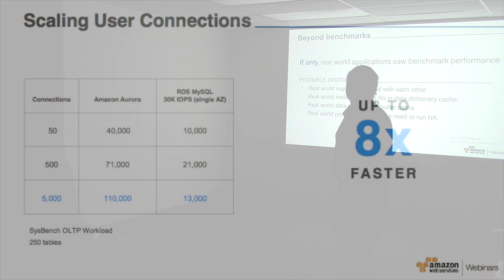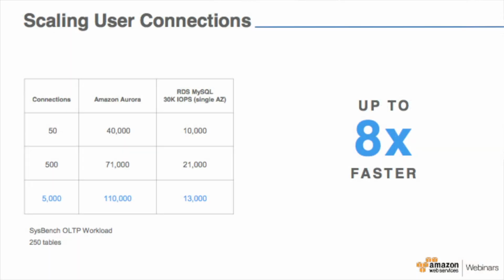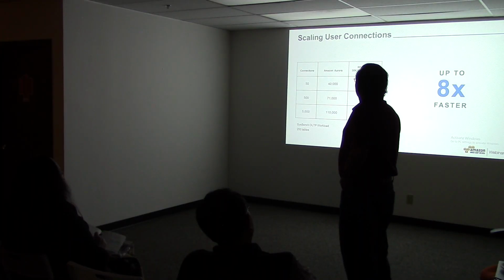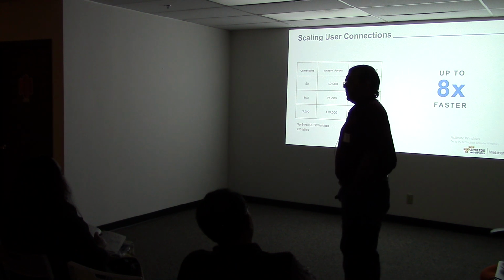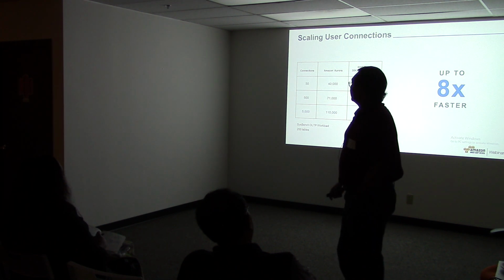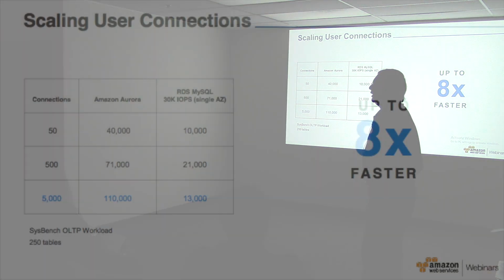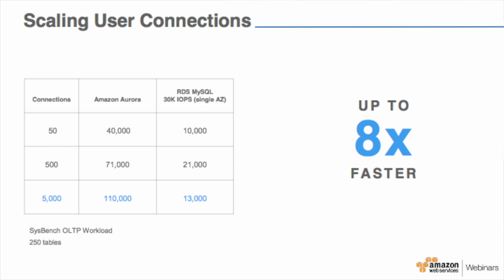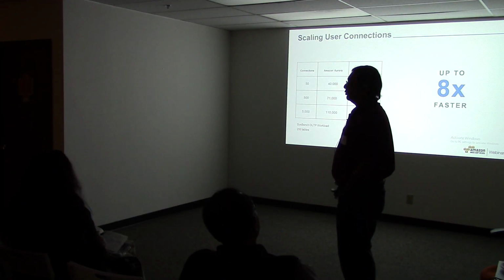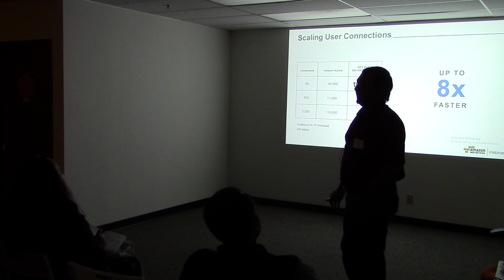So we reproduce some of these numbers with some scaling conditions. For example, we scale the number of connections from 50 to 500 to 5,000, and we used the Sysbench OLTP workload, where there is a fair bit of contention between different requests, with 250 tables.